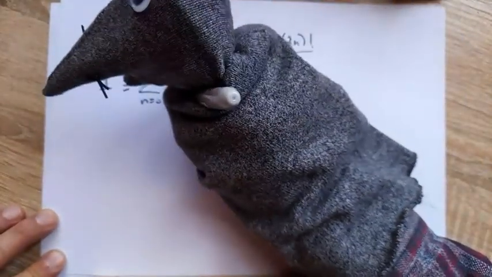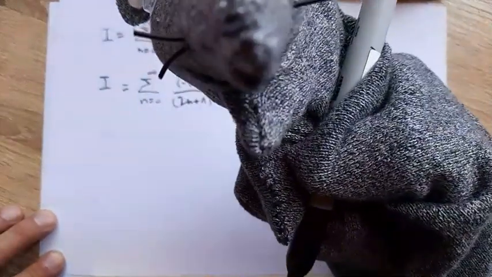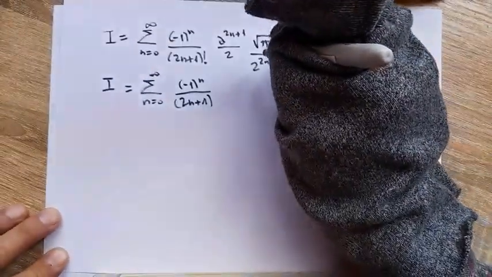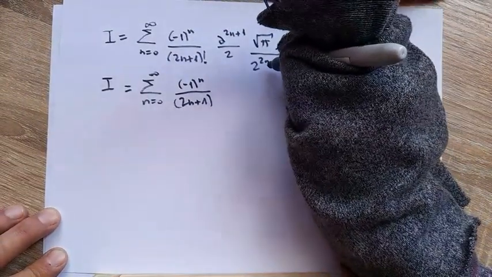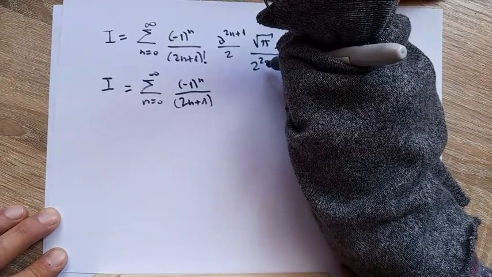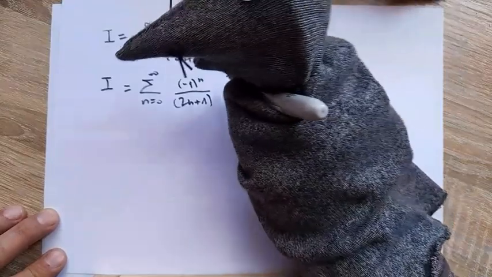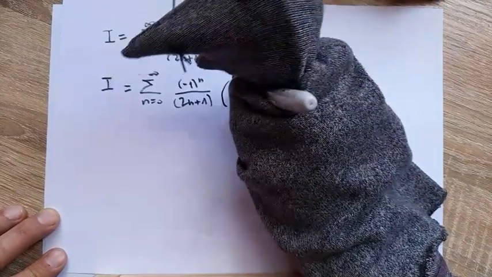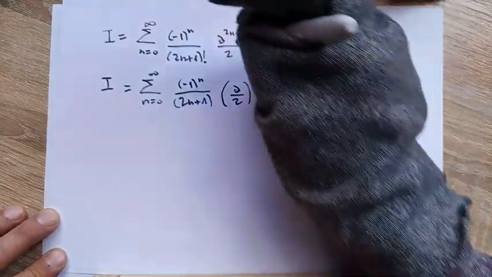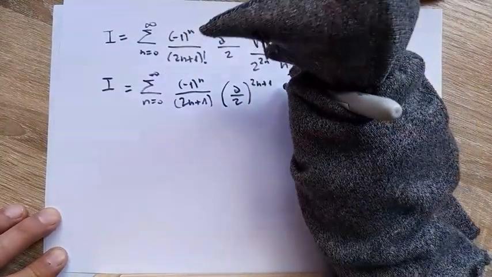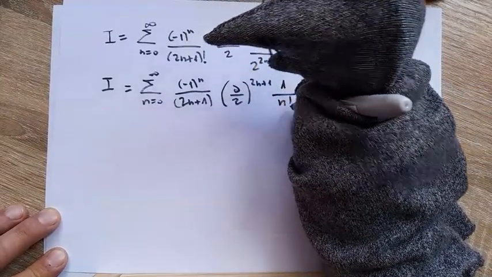So we get just 2n plus 1. Yeah? And we can combine these 2 with this other 2 to the 2n. So we can get a over 2 to the 2n plus 1. Yeah, also combining with the a. And finally, we got this n factorial.